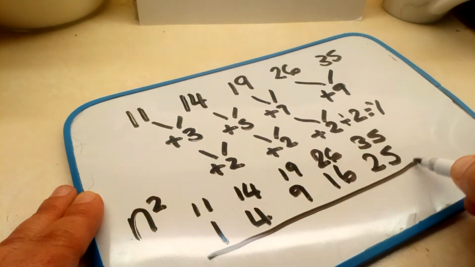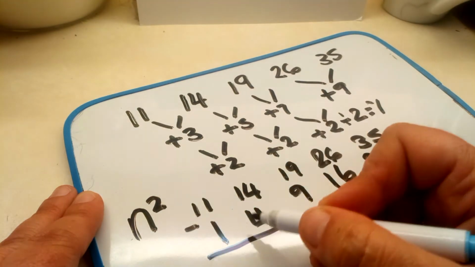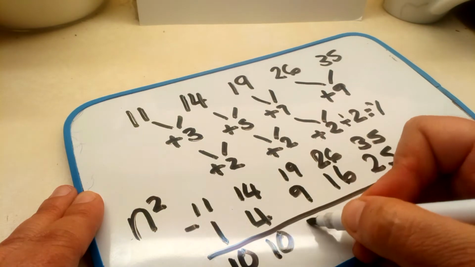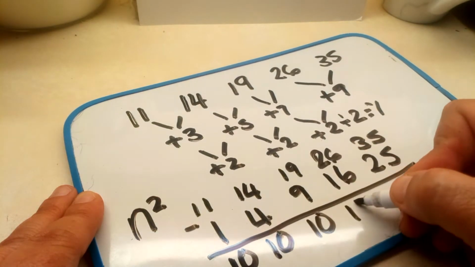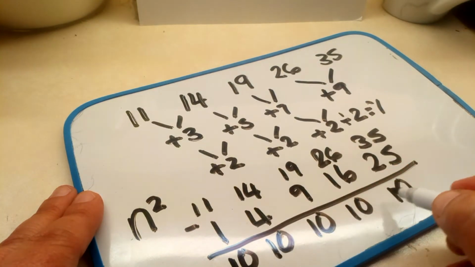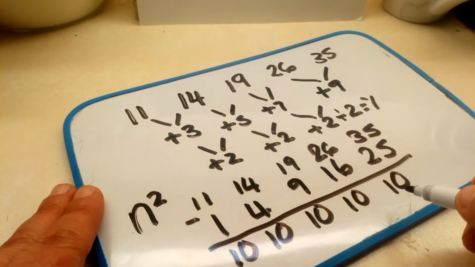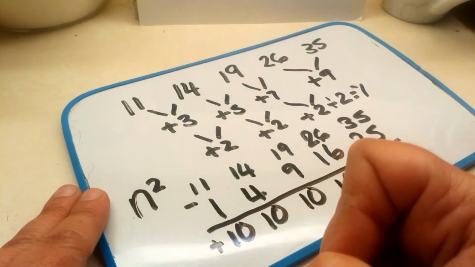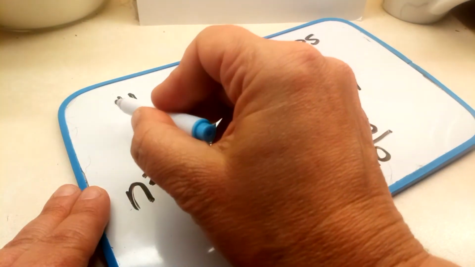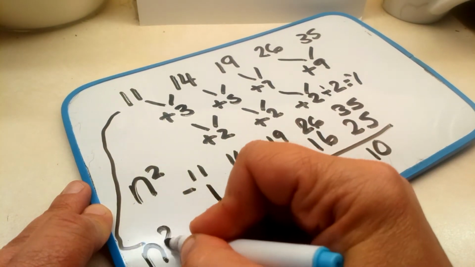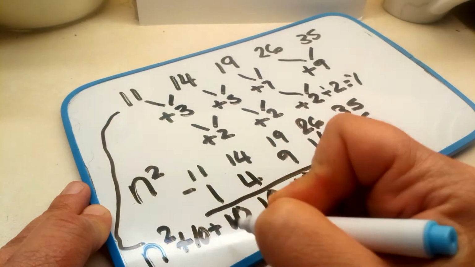Draw a line underneath, take away the bottom from the top. 10, 10, 10, 10, 10. These are all the same, so there's no need to work out a second sequence underneath it. And it's a positive 10 each time, so our nth term for this sequence will be n squared plus 10.